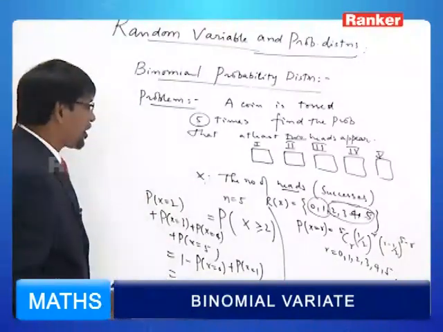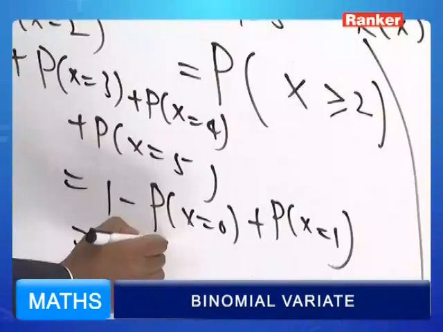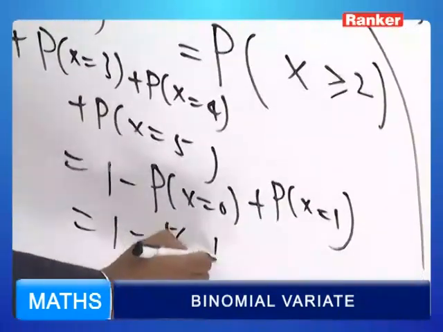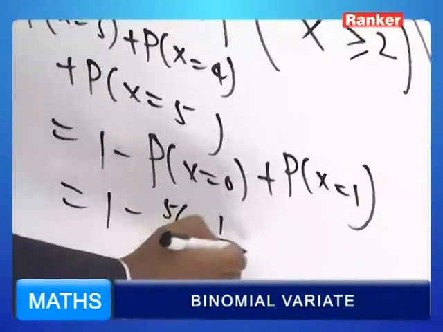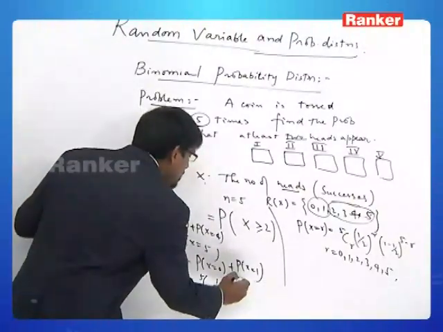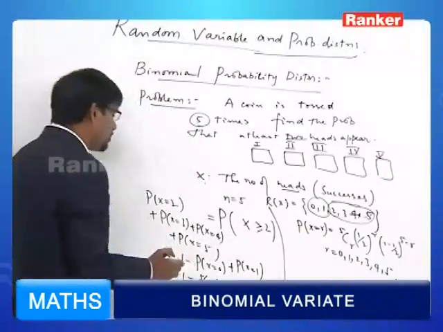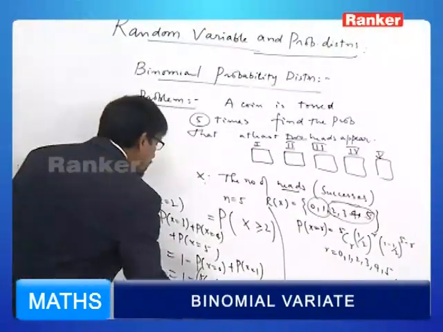So what is the probability of X equal to 0 and probability of X equal to 1? I would have got it this way: 1 minus 5C0 into 1 by 2 power 5, plus 5C1 into 1 by 2 power 5. So that is what we have here.